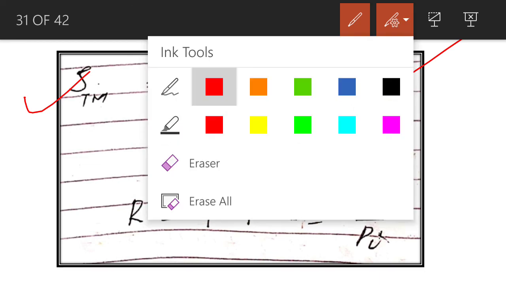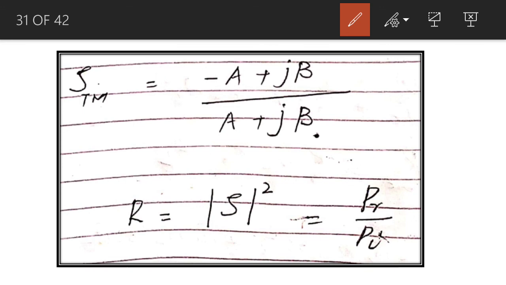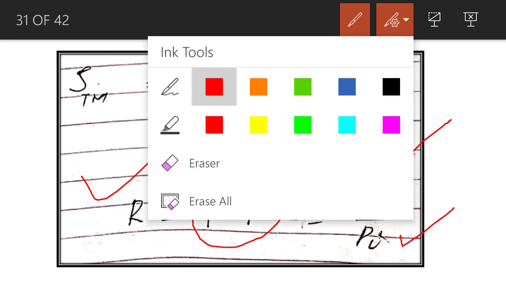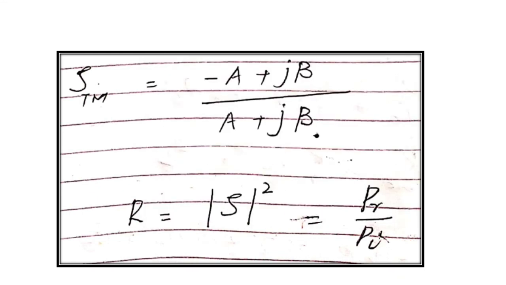Anyhow, the reflection coefficient is represented by rho, and the reflectance, which is the ratio of the reflected power to the incident power, will be equal to the square of the absolute value of the reflection coefficient. So we can calculate the reflectance with the help of this particular equation.